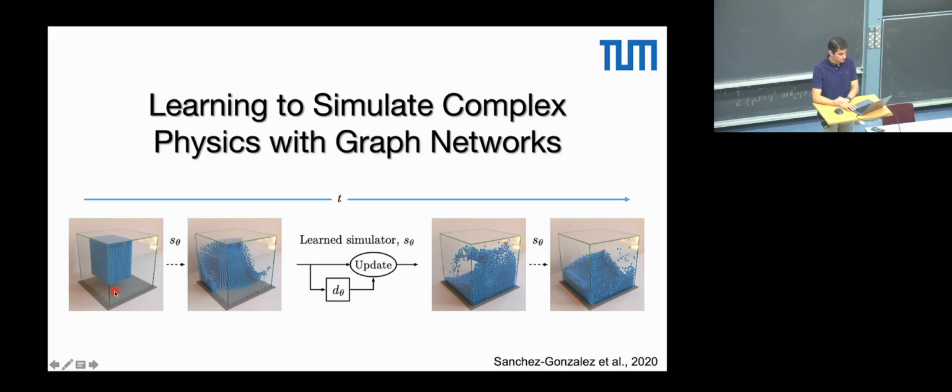Okay. So this next paper is also by DeepMind. They are going to use the same tools that we have seen about message passing, translation invariance, adding noise to the inputs, but they are going to apply it to much larger systems, so they will need to scale the model.